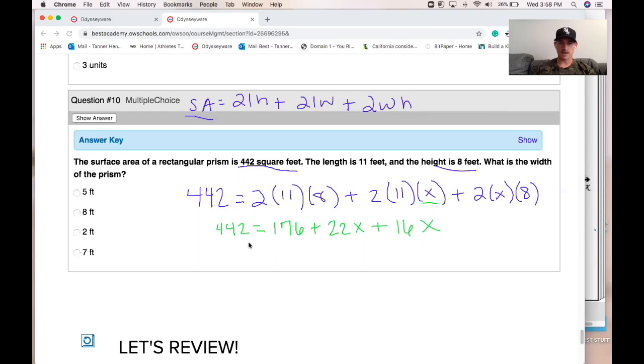Next step again is combine like terms. There's no common terms with 176, but there are with 22 and 16. Both of them have x's in them. So 22 plus 16 is 38x.